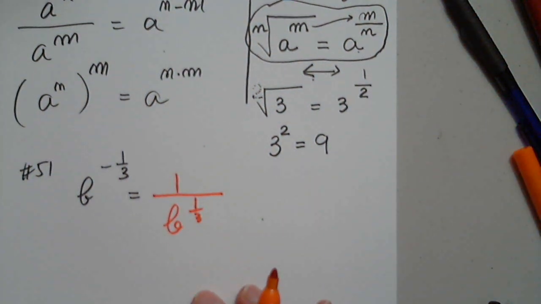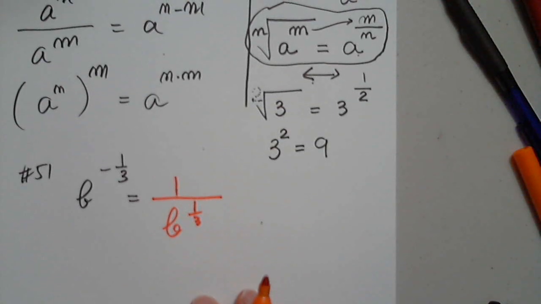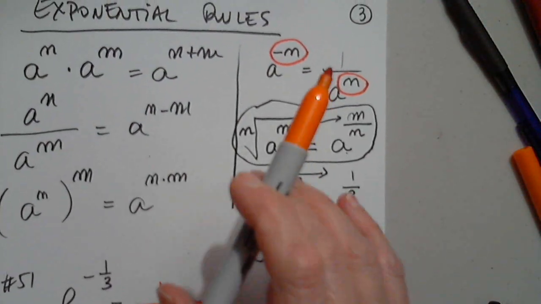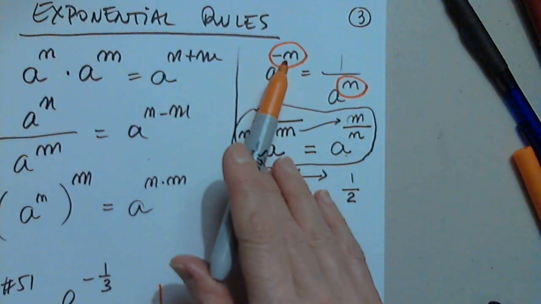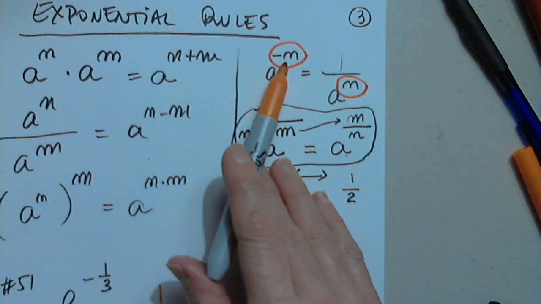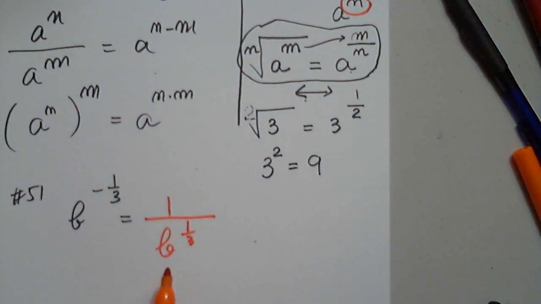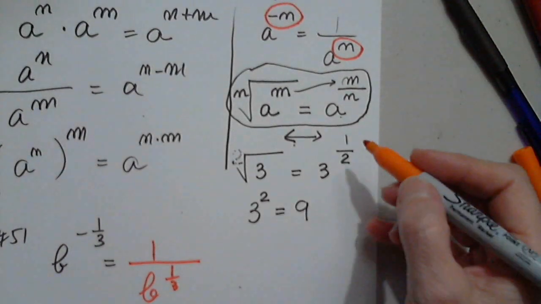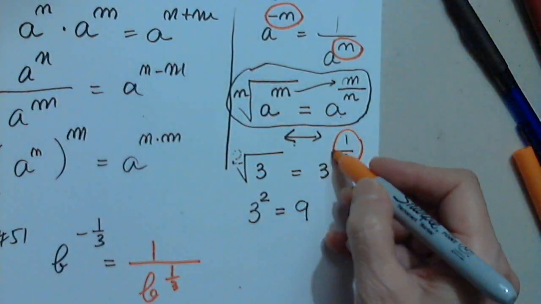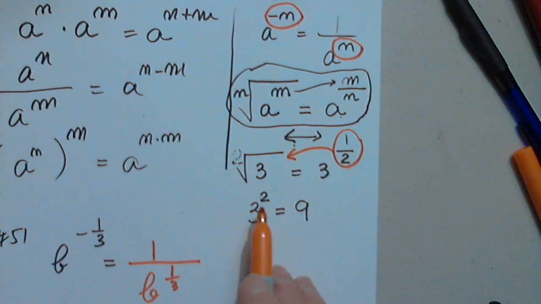Is that clear? It's b cubed. So you see that, b cubed. Do you see that this is negative and this is positive? That's the first thing. If it's b to 1/3, it cannot be b cubed.